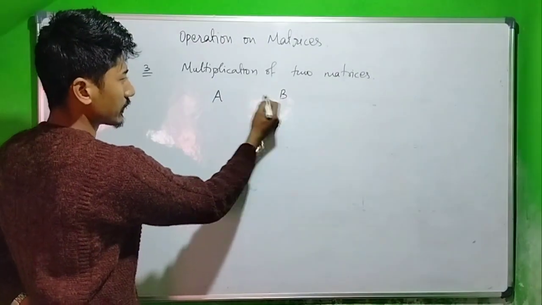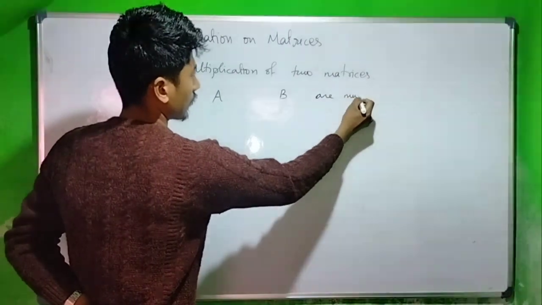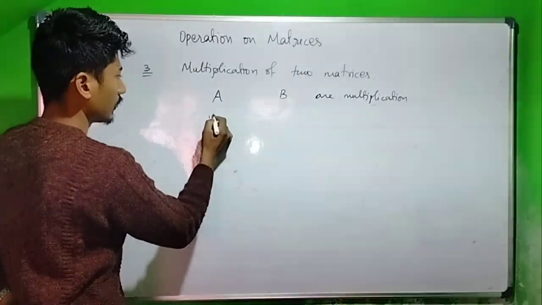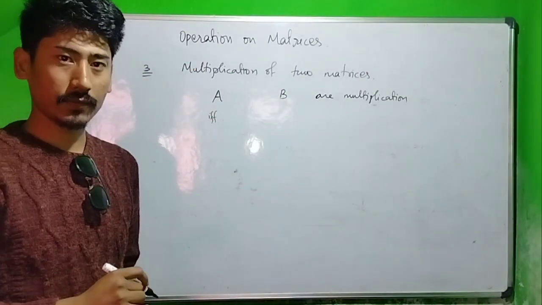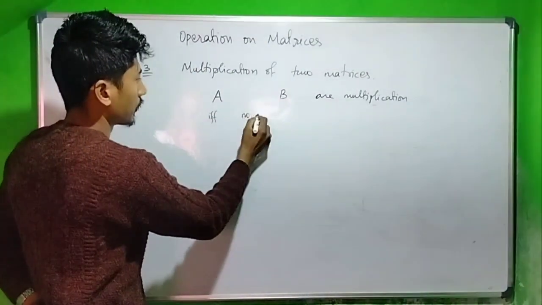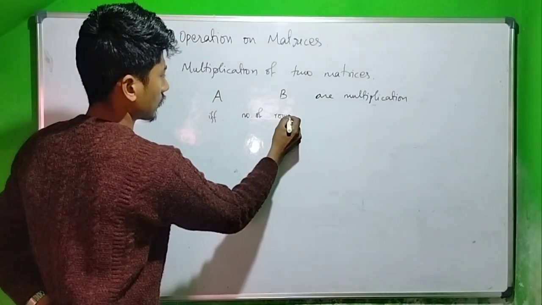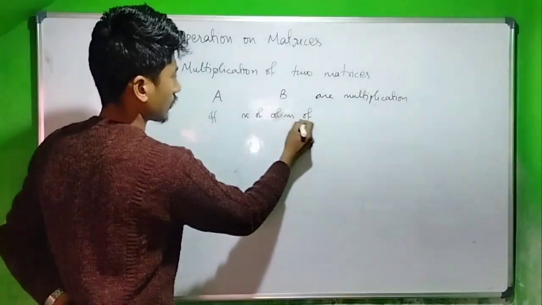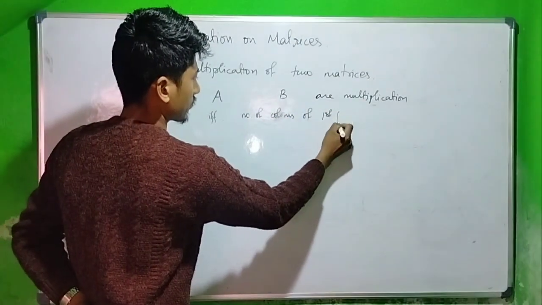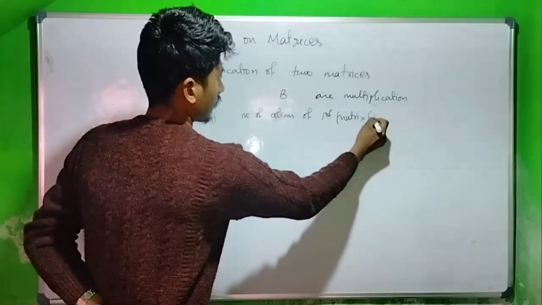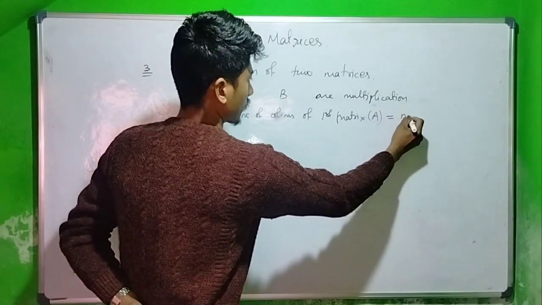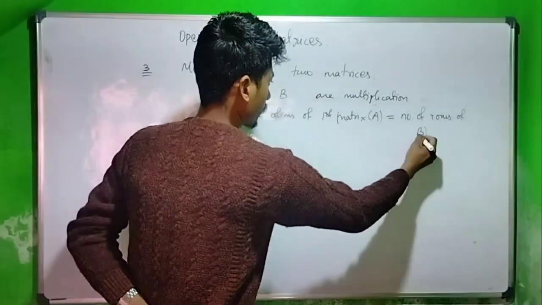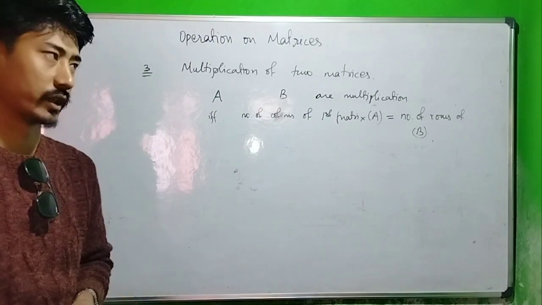These two matrices are multiplicable if and only if the number of columns of the first matrix, that is matrix A, equals the number of rows of matrix B. This is the important point.